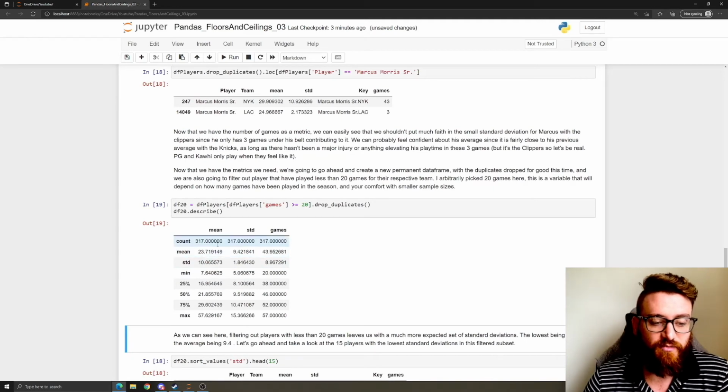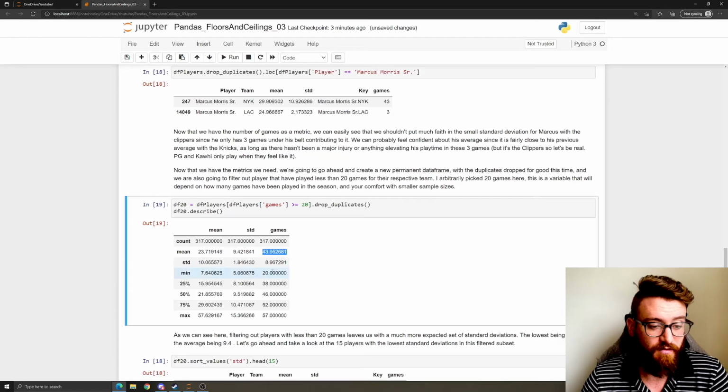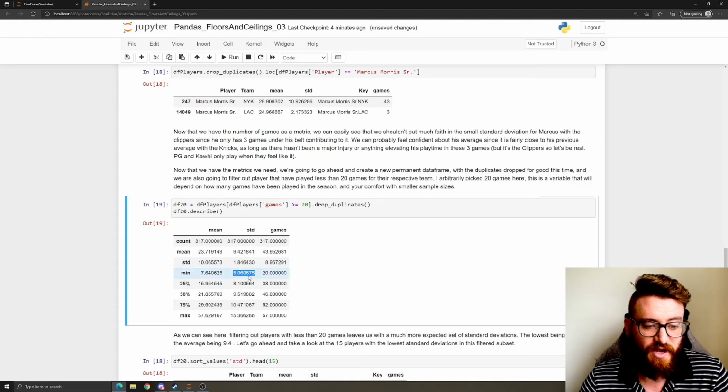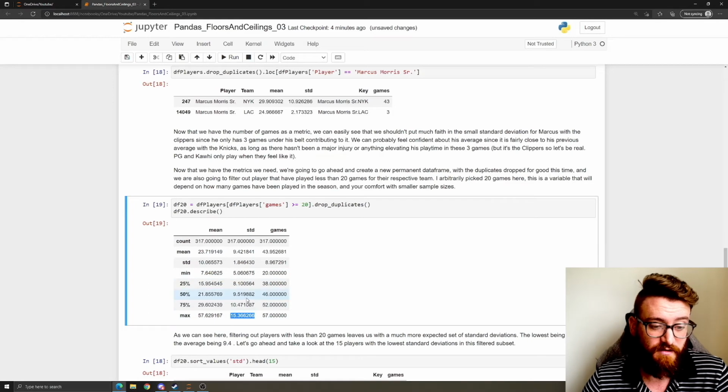So the average number of games played is going to be 43.9 once we drop off anyone who's played less than 20 games. Okay, the average standard deviation is going to be 9.4, and the average is going to be 23.719. We can see the minimum standard deviation now is 5.06. The maximum is 15.366.